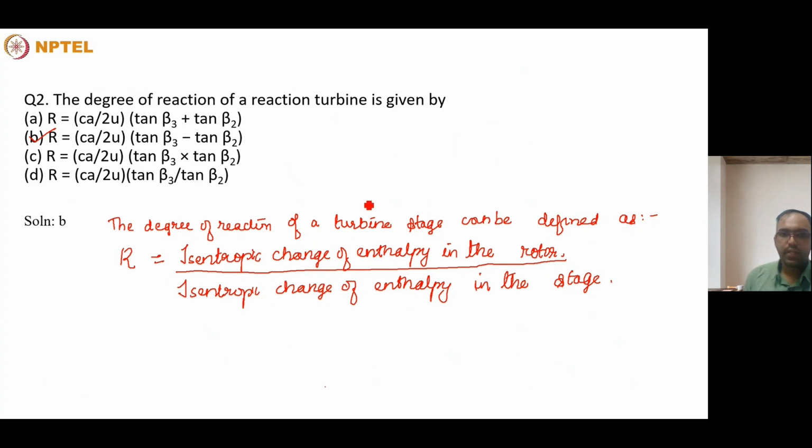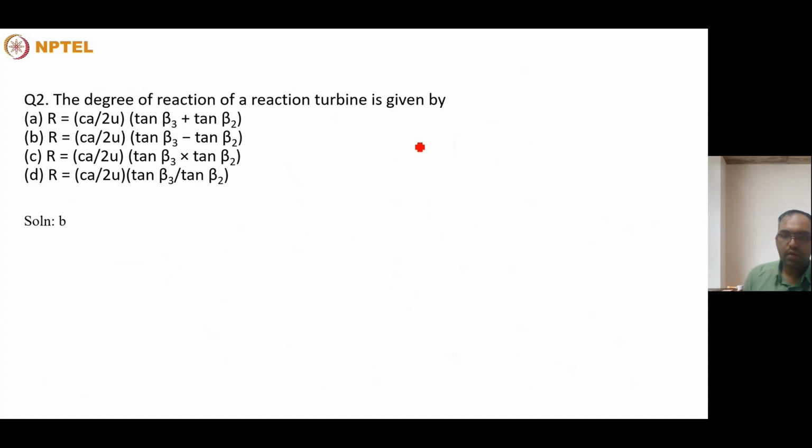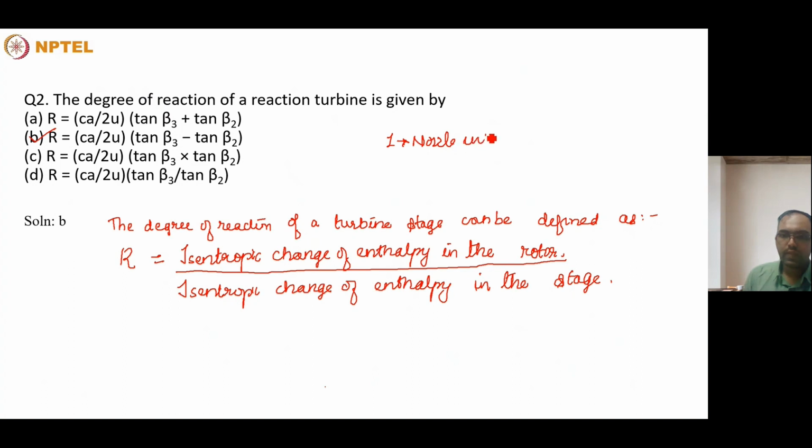So this can be represented as, if one is the nozzle inlet, two is the nozzle exit, three is the blade exit. So two corresponds to blade inlet as well.